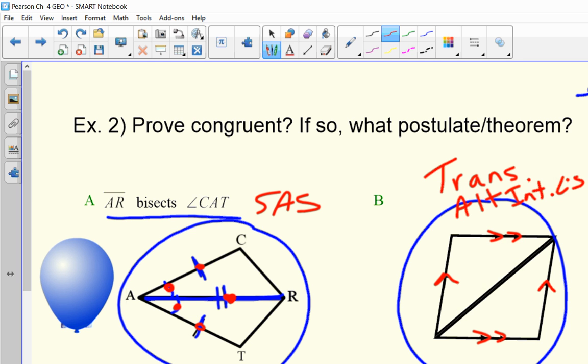The other thing too, it looks like once again I got either a rhombus or a parallelogram, but it's being cut by a diagonal, so that's telling me reflexive property, that side is equal to itself. Now what's going to happen here? It's just learning and understanding. Sides are equal here, but that's only one side of each triangle.